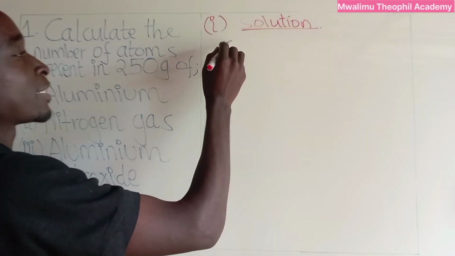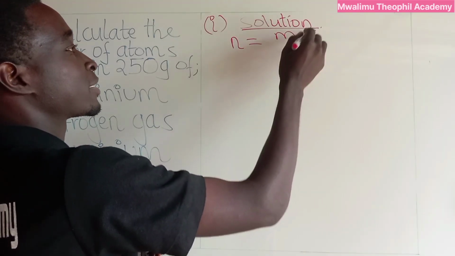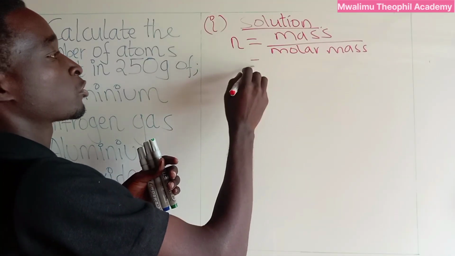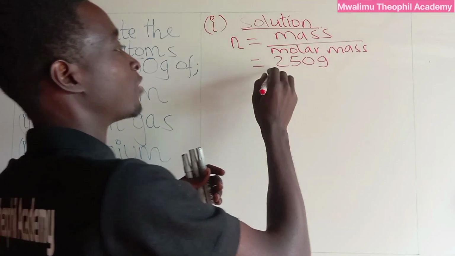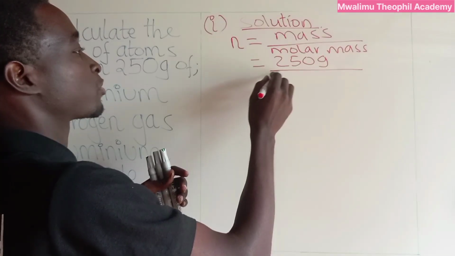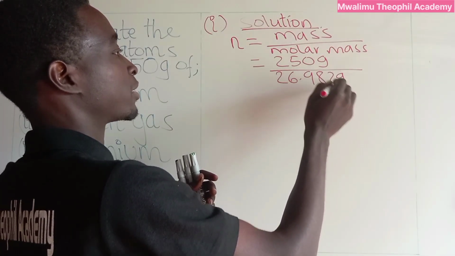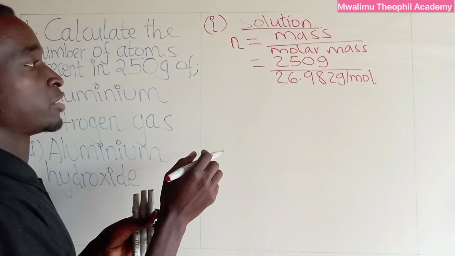We've said that the number of moles is equal to mass over molar mass. Now it is equal to the mass given, 250 grams, over the molar mass of aluminium, which is 26.982 grams per mole. Let us compute this.